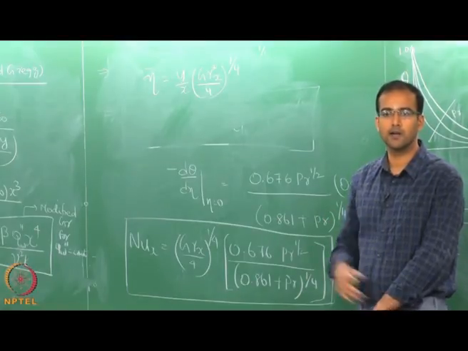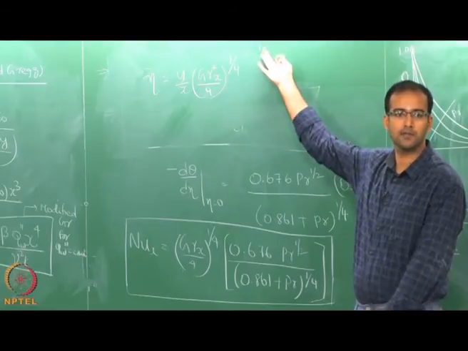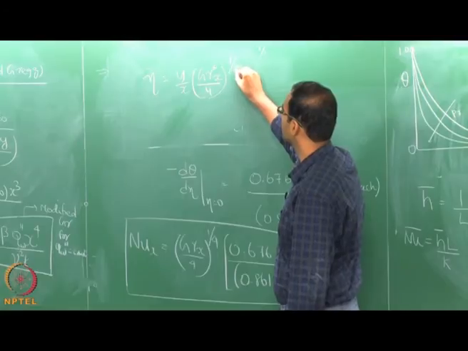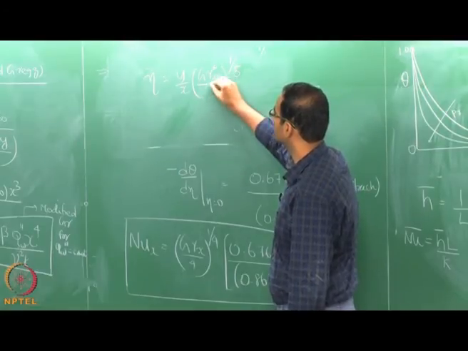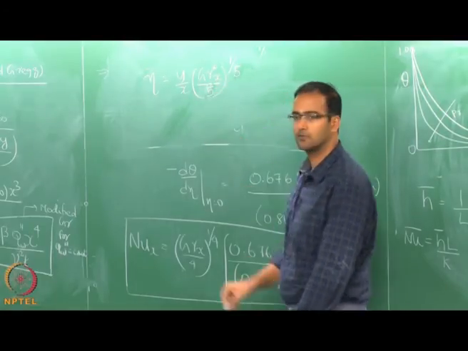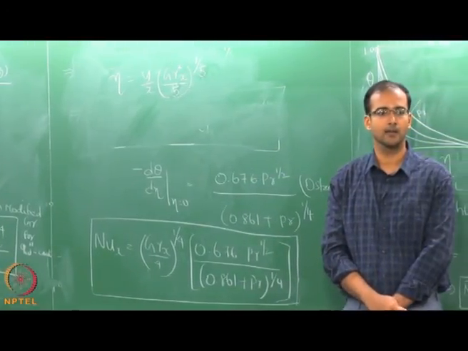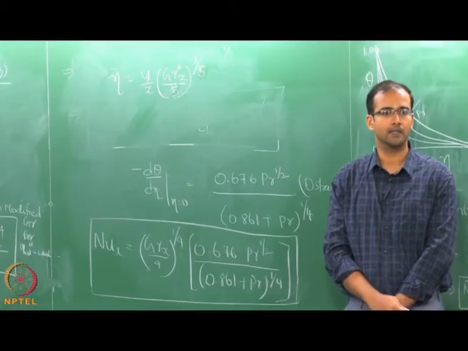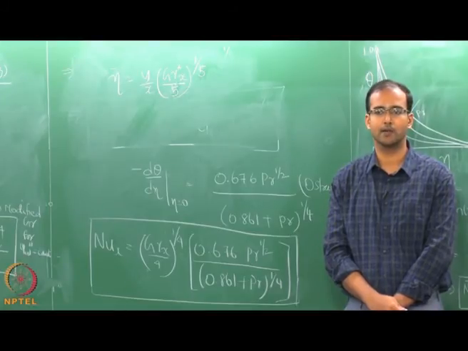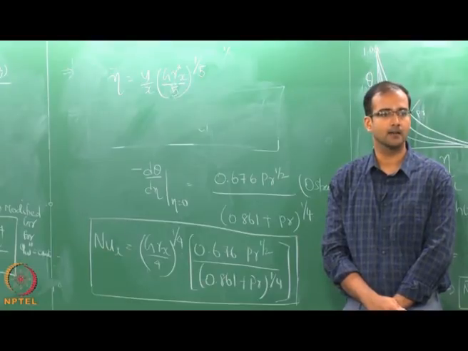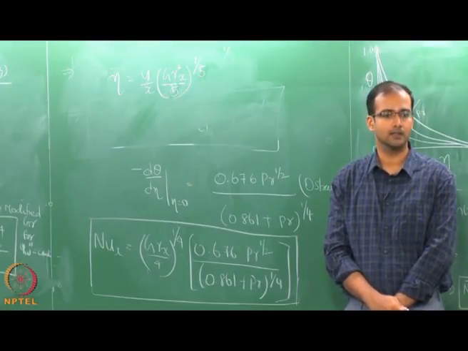So, accordingly you have to modify the definition of similarity variable for this case. How Sparrow and Gregg did it was just changing the 4 to 5. Now the functional dependence of eta on x and y is retained. Is that clear? If you use the default similarity variable, you cannot find a similarity variable for this.